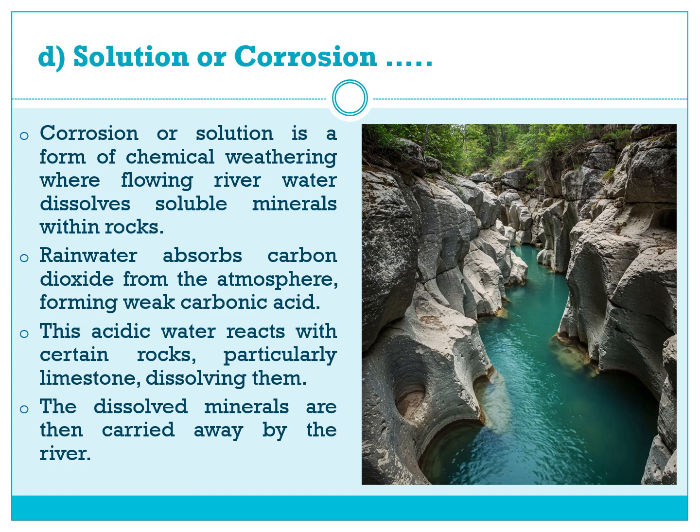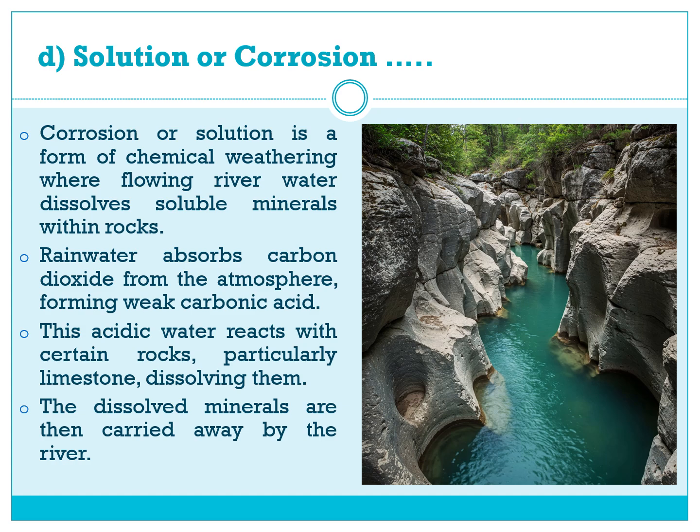Corrosion or solution is a form of chemical weathering where flowing river water dissolves soluble minerals within rock. Rainwater absorbs carbon dioxide from the atmosphere, forming weak carbonic acid. This acidic water reacts with certain rocks, particularly limestone, calcium carbonate, dissolving them.